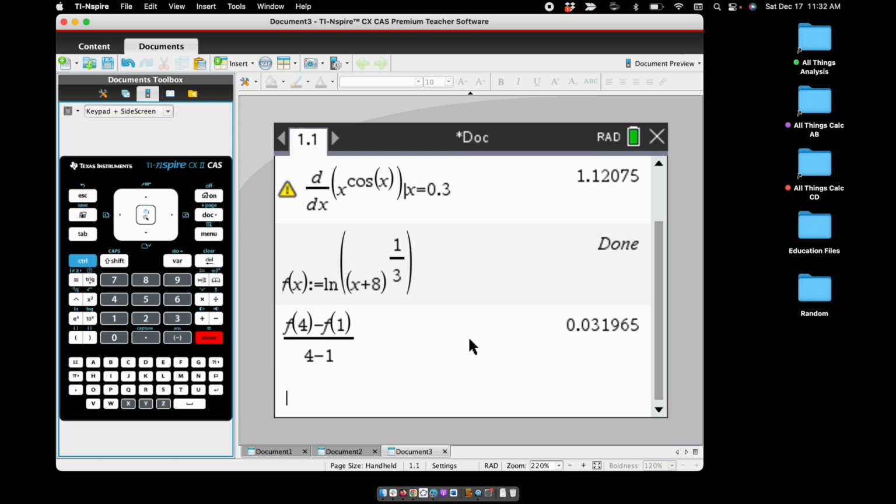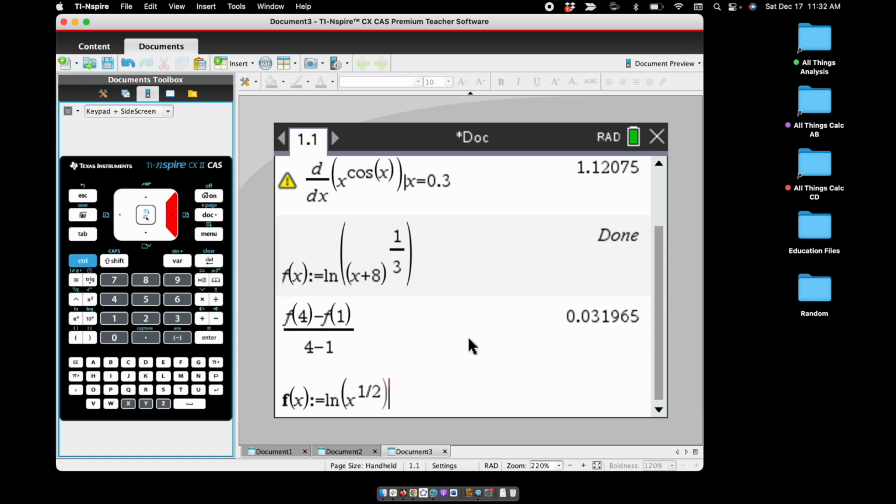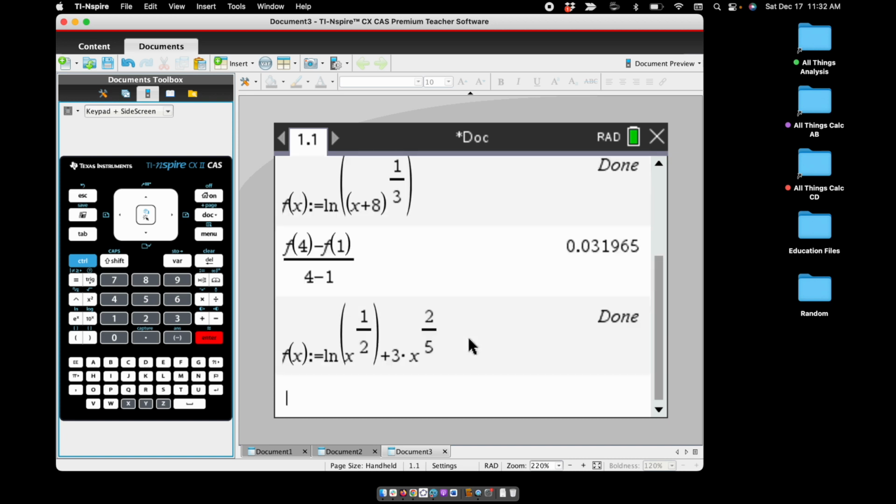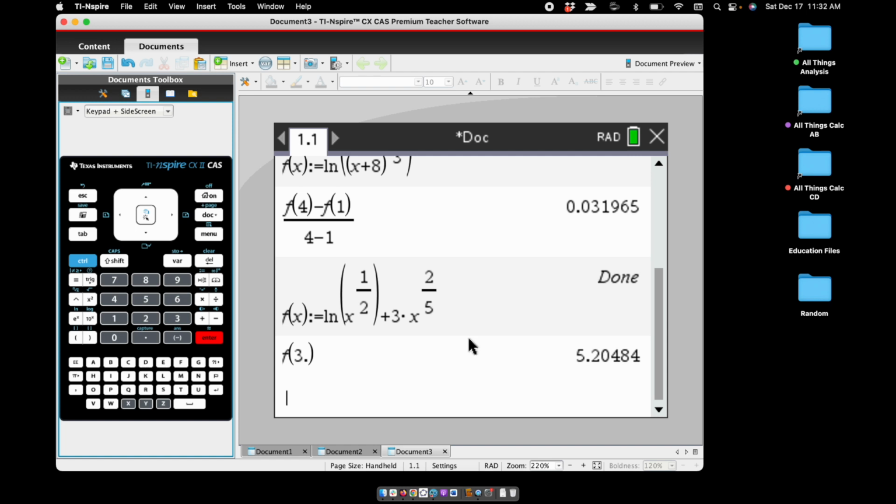All right, so I'm going to store this thing as a new f of x. It's going to be the natural log of x to the 1/2, because again, I don't like using those templates. If I'm using the handheld, it's more convenient, but when you're just doing it on the computer, it's kind of annoying. So I need to know what f of 3 is, and I need to know what the derivative is.